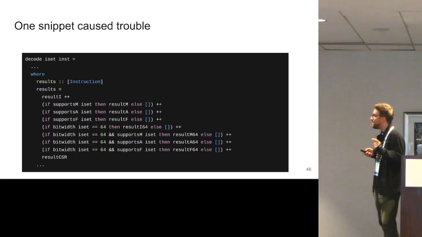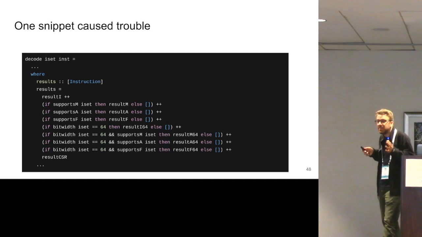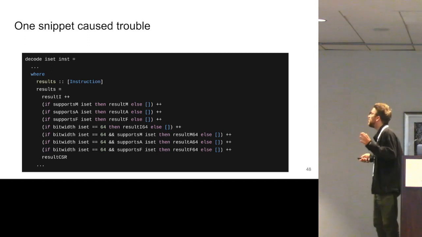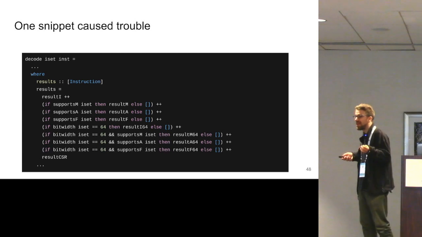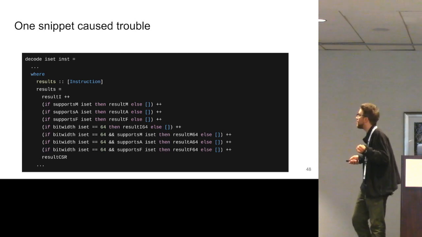But there was one snippet which caused trouble, because our specification was geared towards being high level and as readable as we can. We rewrote this many times, but basically what we're doing here is we have different extensions, and we collect all the possible decoding results into a list, and then we know that this list of results is always of size 1, or maybe 0 if something went wrong, but we really expect this to be of size 1.